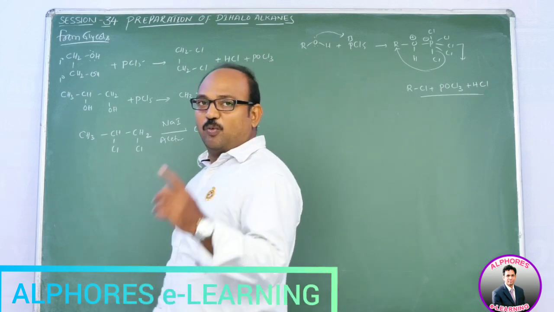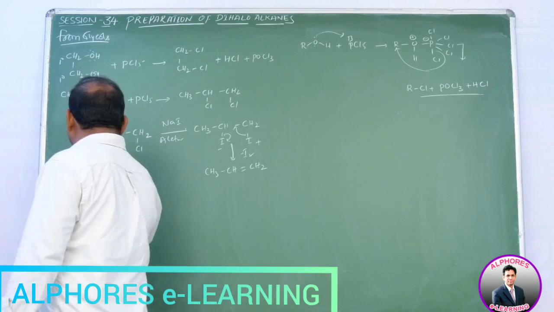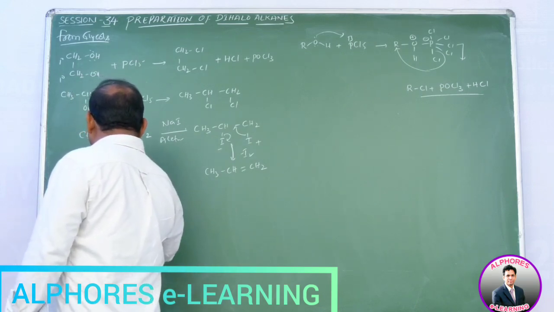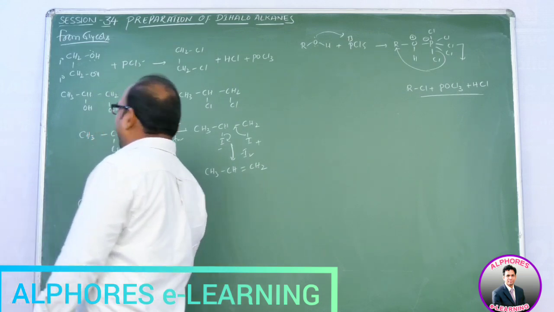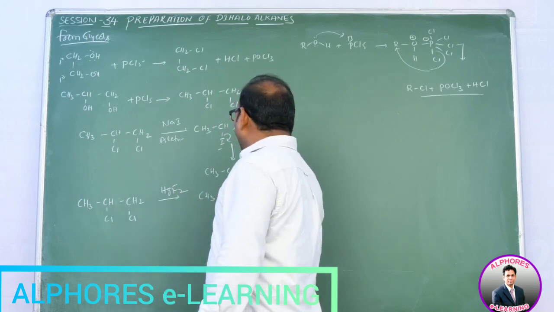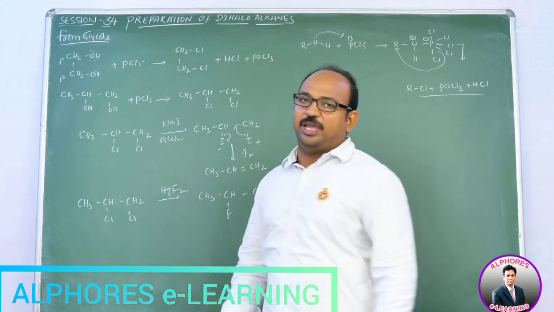Similarly, if you want to prepare 1,2-difluoro compounds, we have to use Hg2F2 with CH3CHCl and CH2Cl. Upon treatment with mercury fluoride, again by the halide exchange method, we get 1,2-difluoropropane.